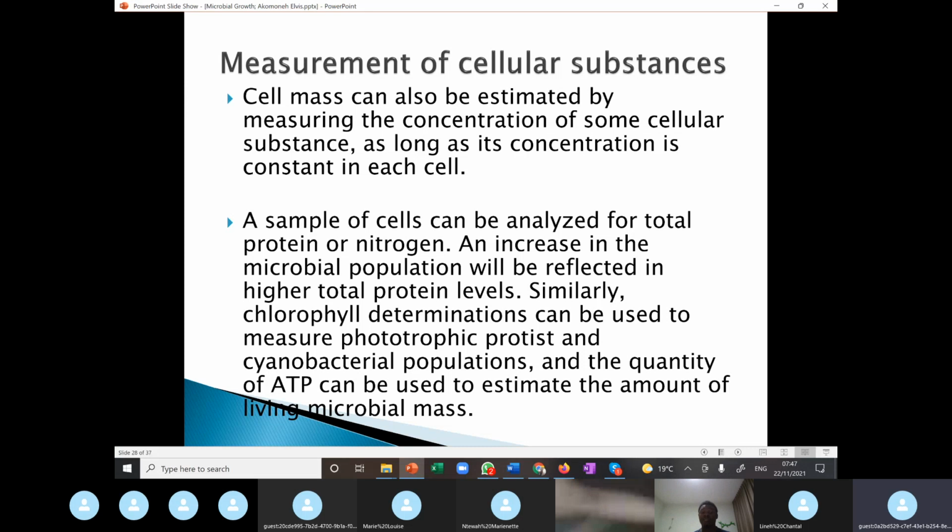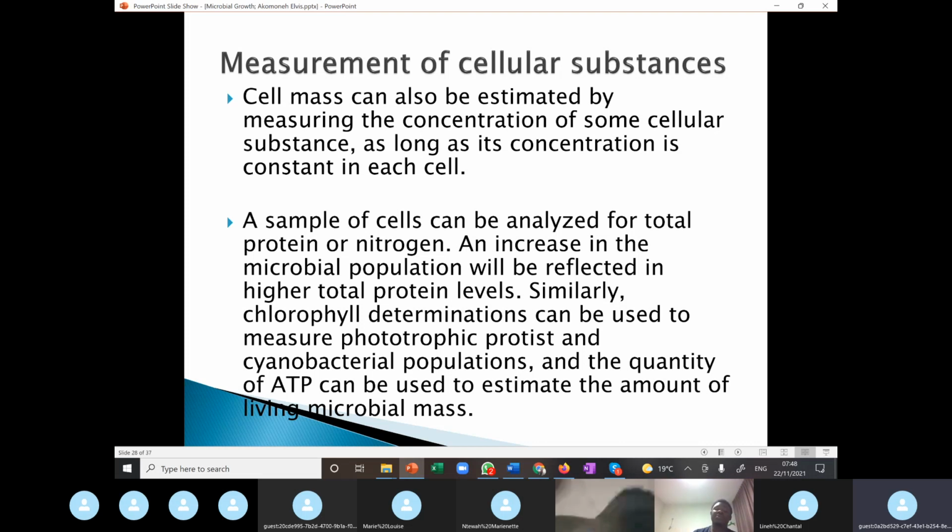But if we measure ATP, for instance, or the amount of nitrogen, which is found in almost all nuclear material, or ATP, which is a metabolic product, or the amount of protons, we can translate this to the concentration of cells present and then have an idea of the number of cells present in our sample.